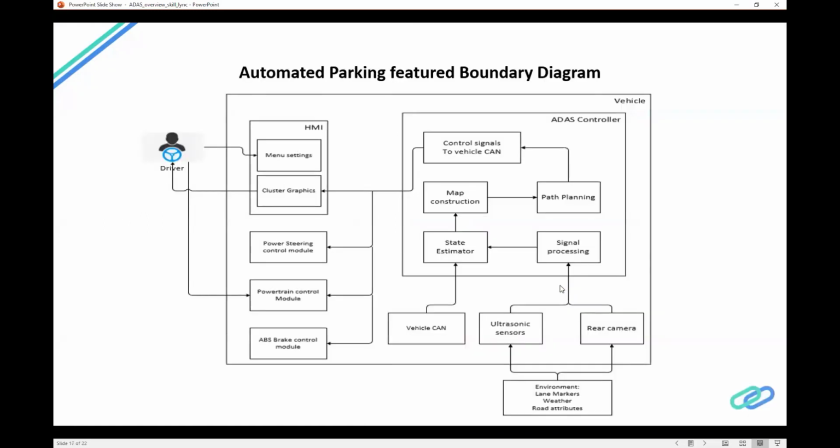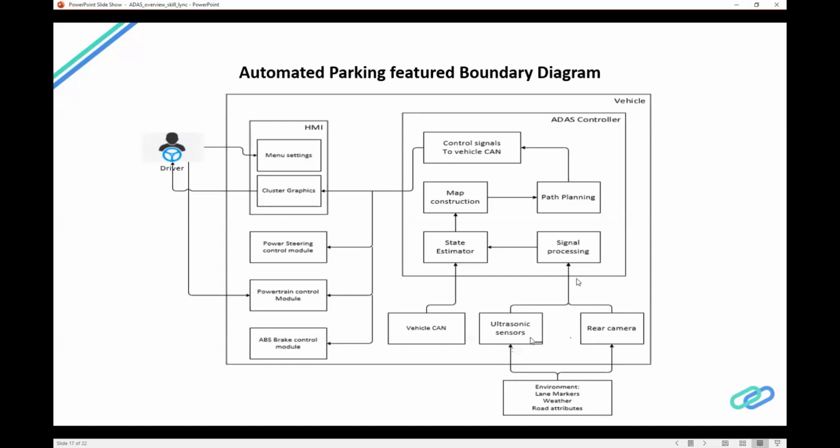So looking at the boundary diagram again, your environment is again the different conditions on the different vehicles around the car. So the ultrasonic sensors and the rear view camera are the critical sensors. The ultrasonic sensors are used to create the map around the vehicle, and the rear view camera is used to measure the distance between the two vehicles, or the host vehicle and the target vehicle.